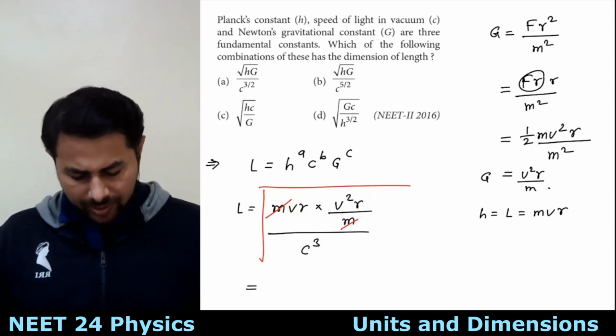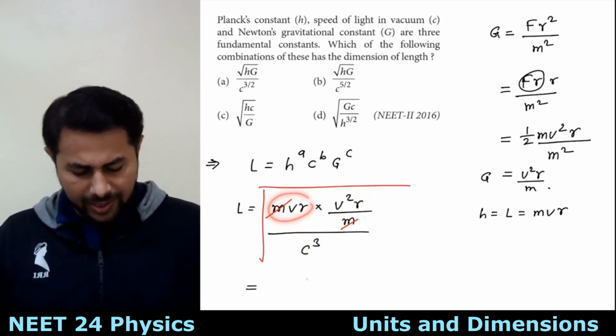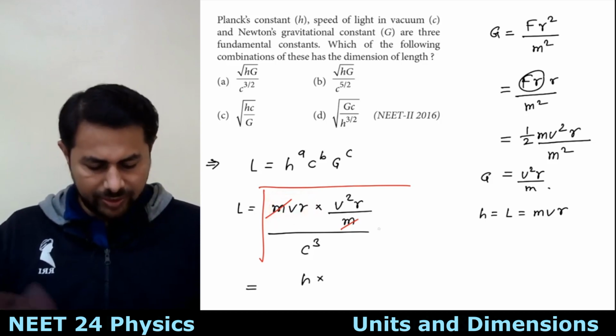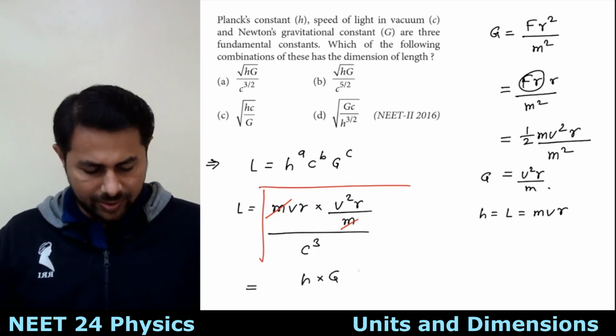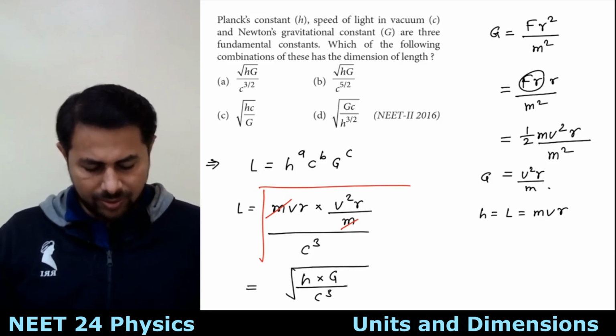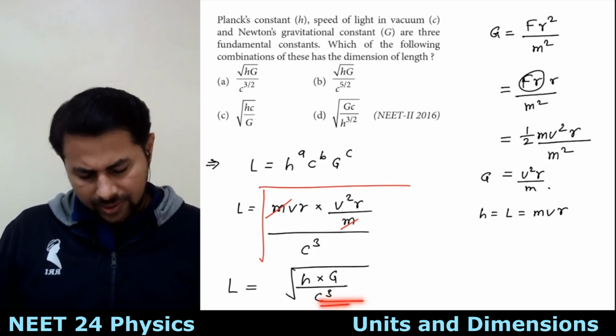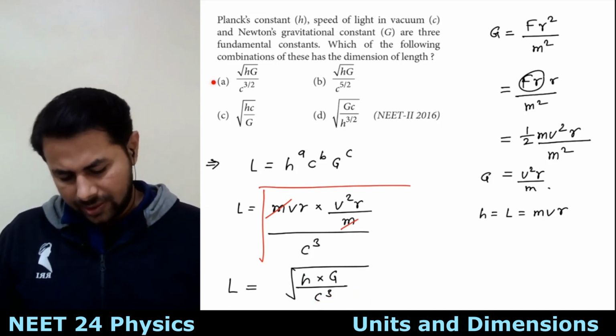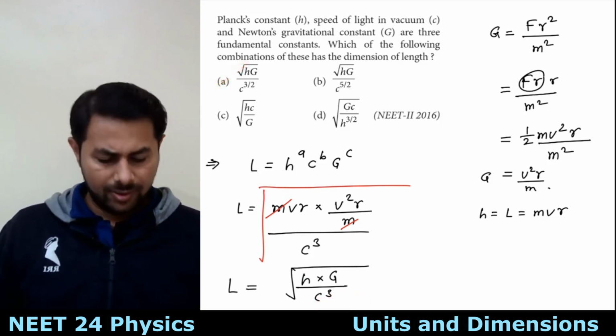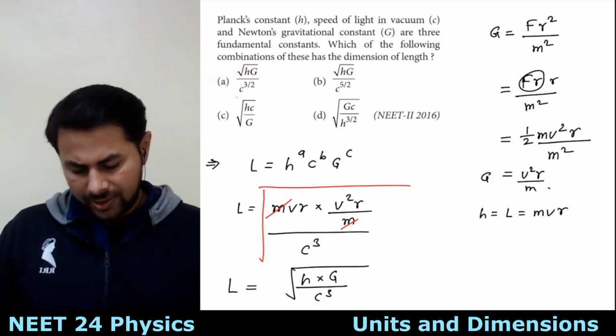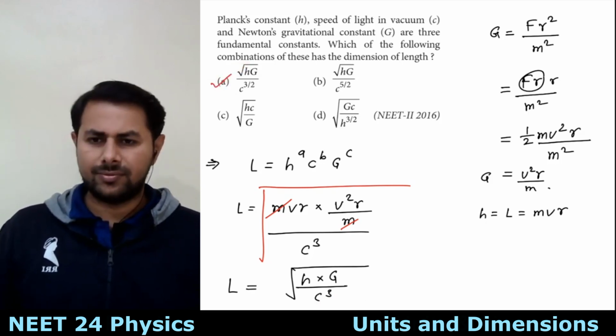So the answer will be, what is mvr? It is h. What is this thing, v square r by m? It is g, and then I have c cube, so it will be the square root of that. This is the answer, right? So it is option A. This thing is clear? Yes, no?